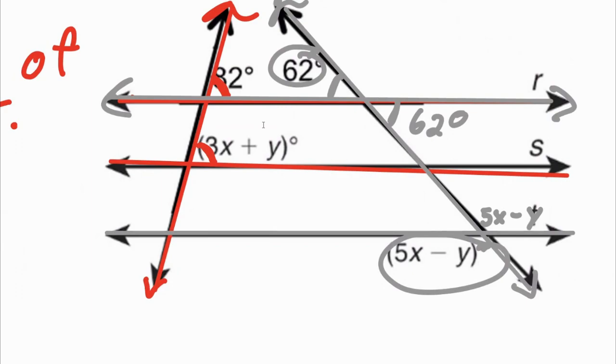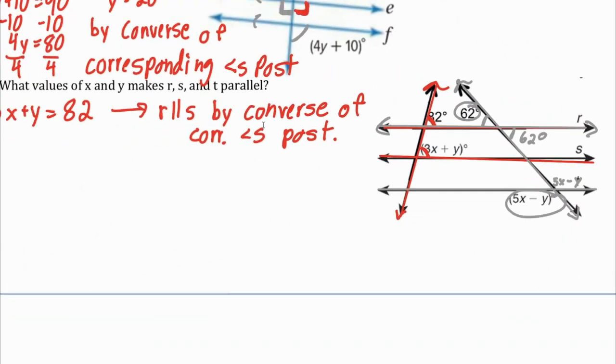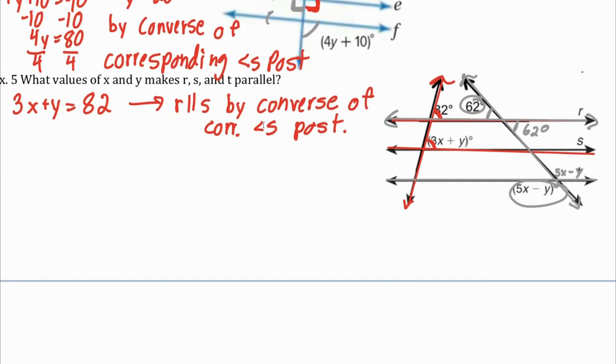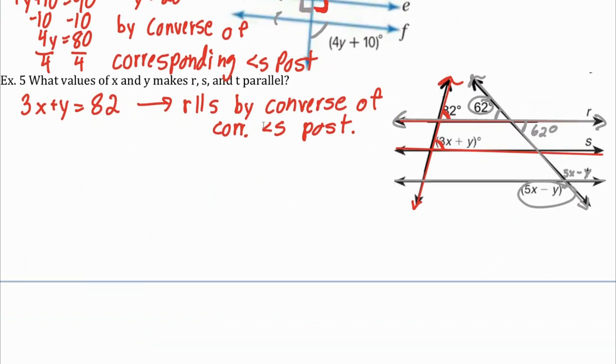So now we should hopefully see, okay, now they are between the two parallel lines, these two, and they're on the same side, so they are same side interior angles. So in order for this to work, these two need to be supplementary. So that means that 5x minus y plus 62 has to equal 180.